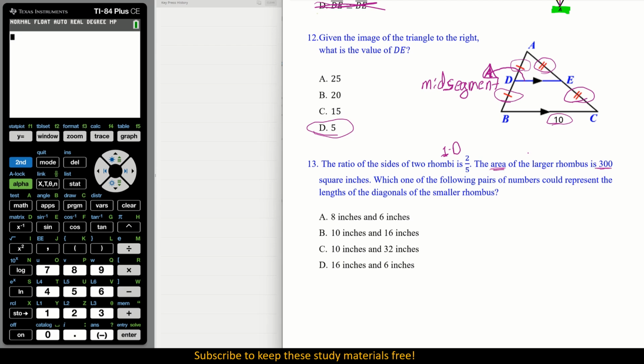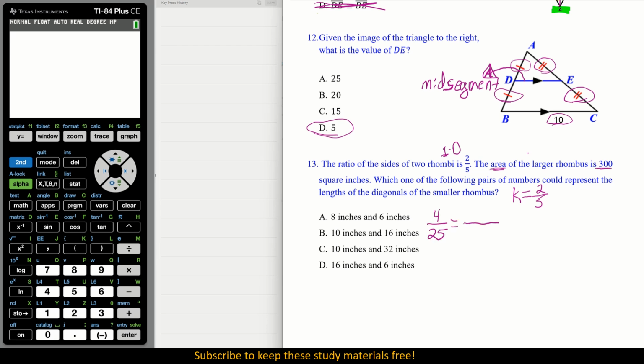So that means our K needs to be, see, that's our K. So our K equals 2 over 5. So in order to use it with area, we need to square those. So we need 4 over 25.